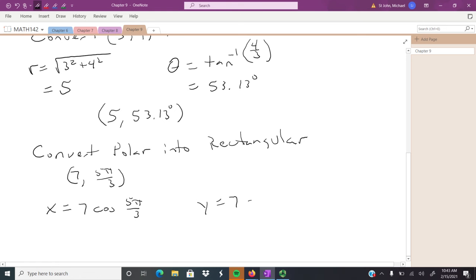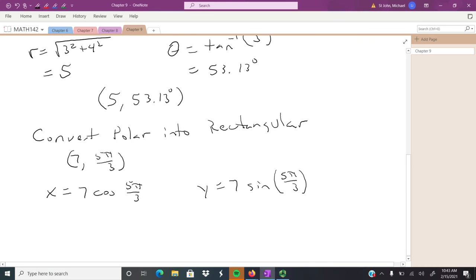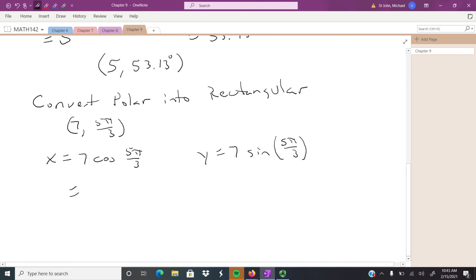Y is going to be 7 sine 5 pi over 3. And we get these. This will give me 3.5. And this will give me negative 6.06. So my point will be (3.5, negative 6.06).